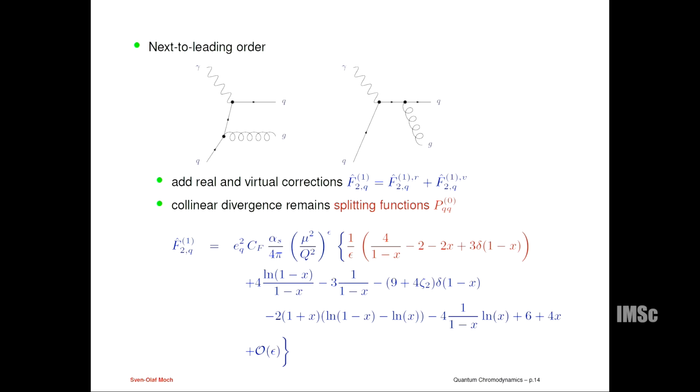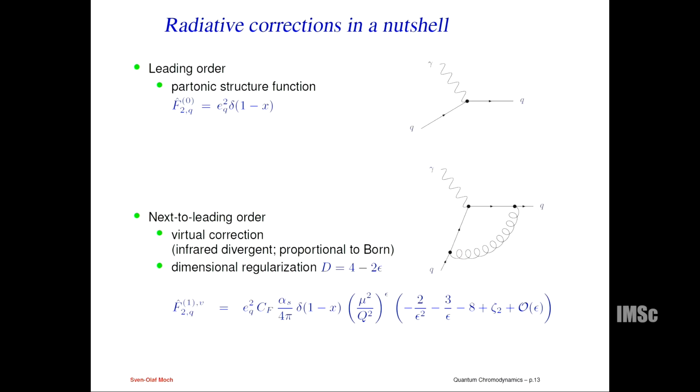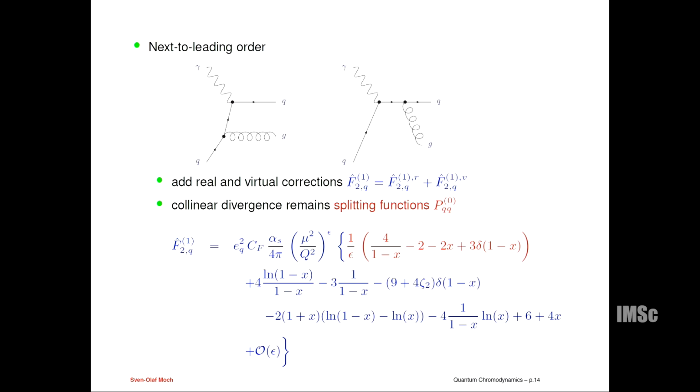If we do the entire phase space integration and we add what we have for the real emission diagrams with what we have for the virtual corrections, then this is the final answer that we get.